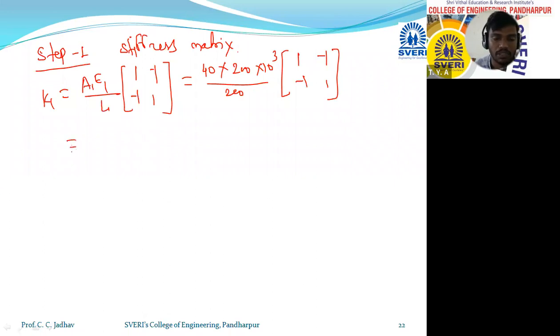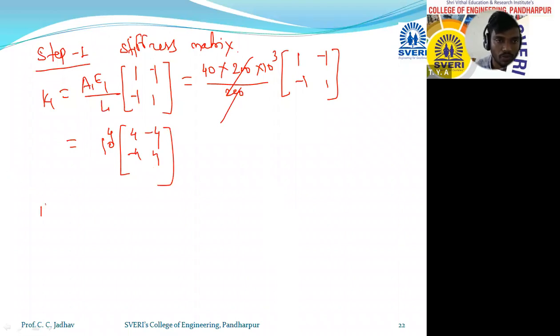Anyone please tell me, do the calculation fast and tell me the value. You can see here 200 and 200 cancel. Okay, only 40 into 10 raised to 3 is remaining, so we can take 10 raised to 4 outside and multiply 4 into the inner side: [4 -4; -4 4]. So this is your first K1 answer.